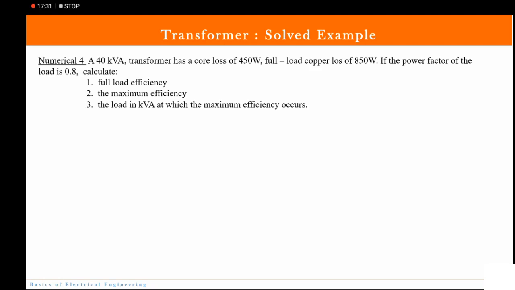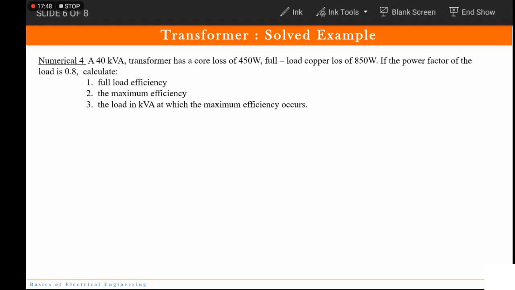Now see, this is a different type of numerical, because here it has full load efficiency, maximum efficiency, and the load in kVA. So this is going to be interesting. The first thing first, we will note down what all is given.